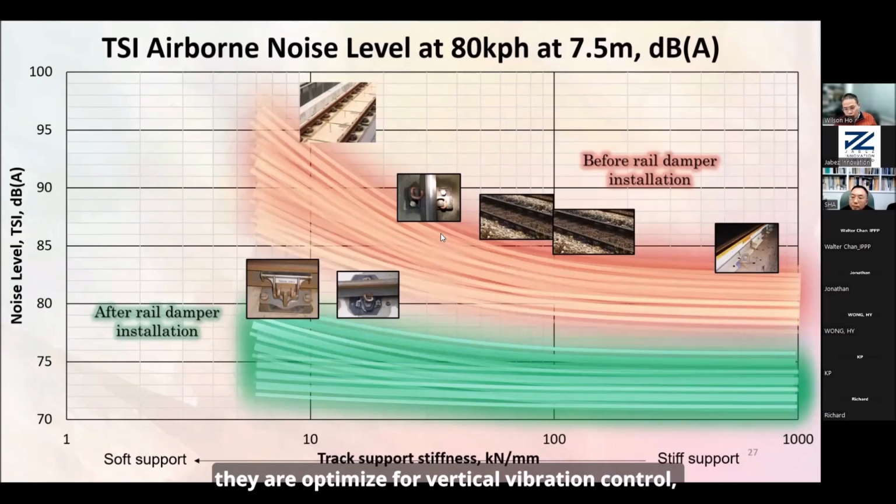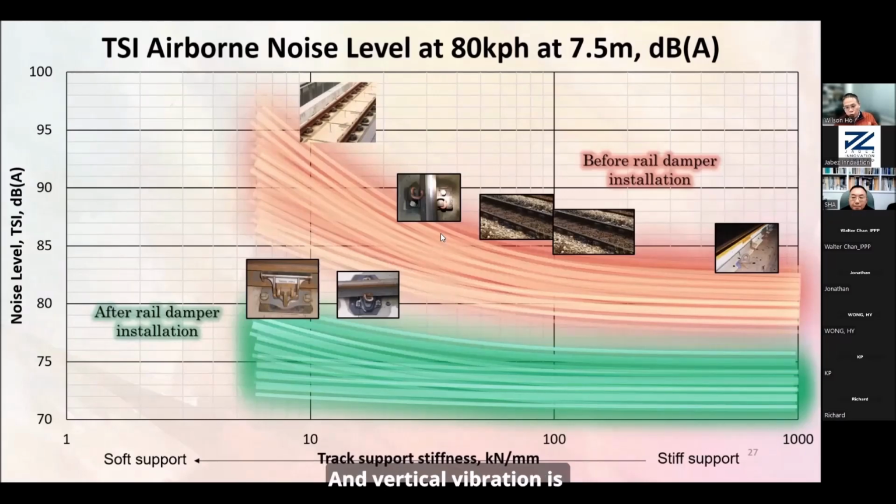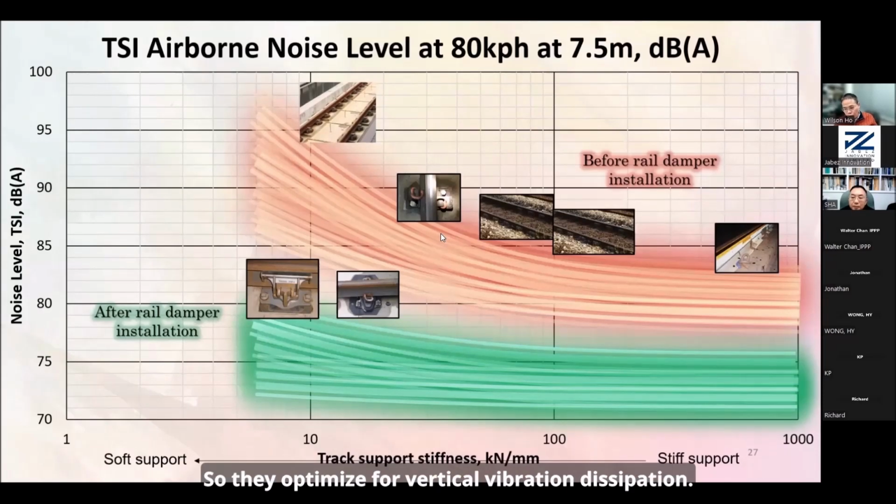They are optimized for vertical vibration because of their rubber orientations; they need to choose either to optimize for vertical vibration or for lateral vibration. And vertical vibration is the major component of airborne noise, so they are optimized for vertical vibration dissipation.